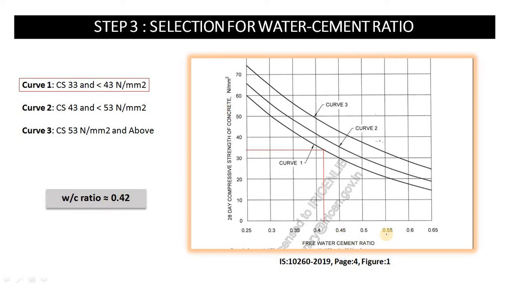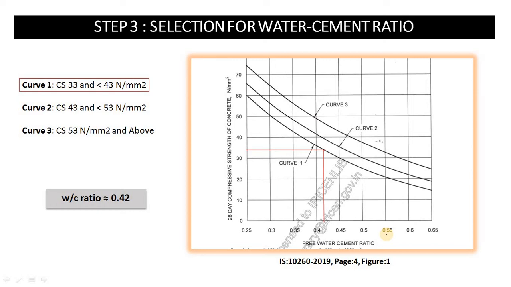You can see there are three curves, curve number 1, 2 and 3. Curve number 1 is used when the compressive strength is 33 and less than 43 Newton per mm square. Curve number 2 when the compressive strength is 43 and less than 53 Newton per mm square. And curve number 3 when compressive strength is 53 Newton per mm square and above.